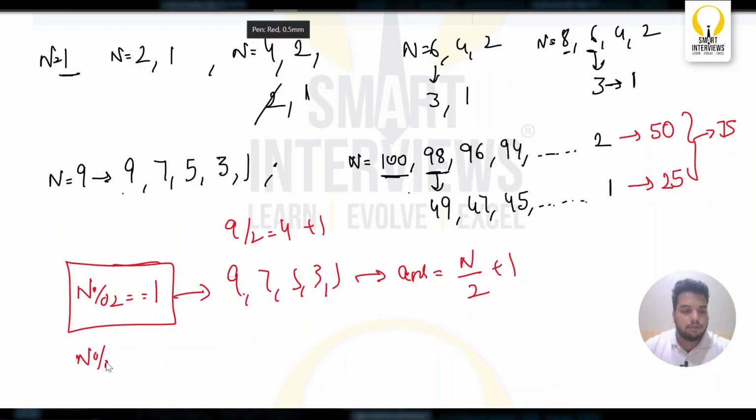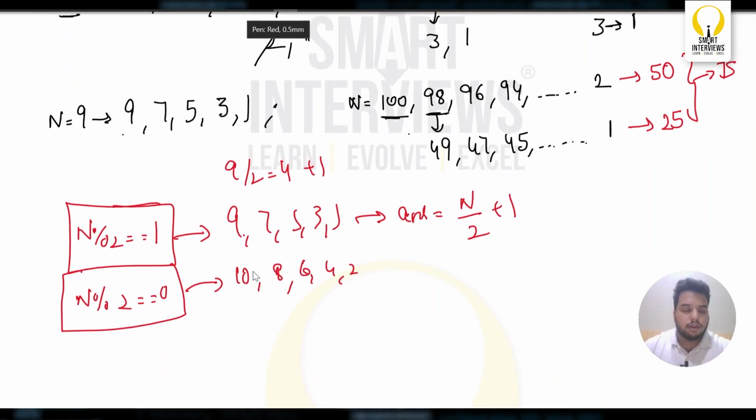But in case of even, in a similar case, let's say better 10. From 10 I can form 8, 6, 4, 2. So these are the first half by doing n minus 2. Now here there is a catch, right? I can divide 10, I can divide 8.